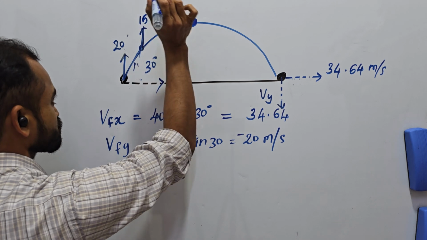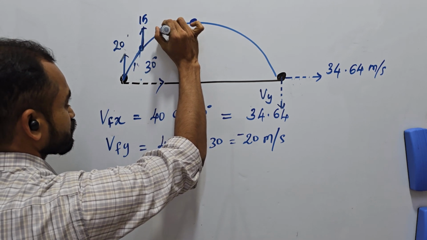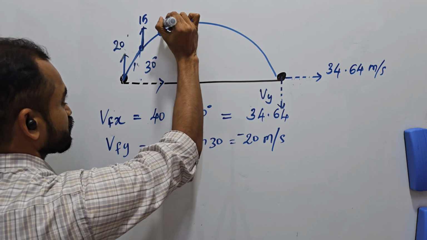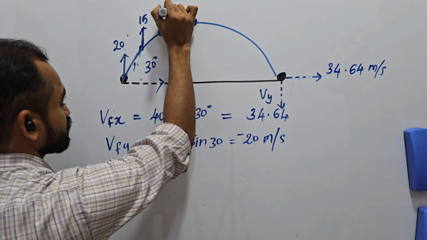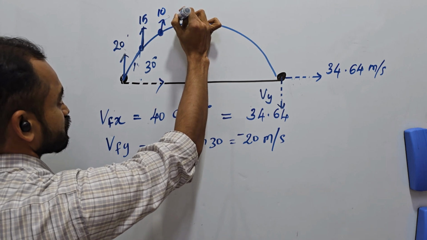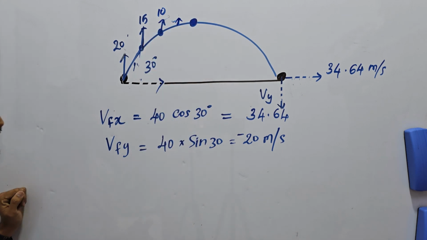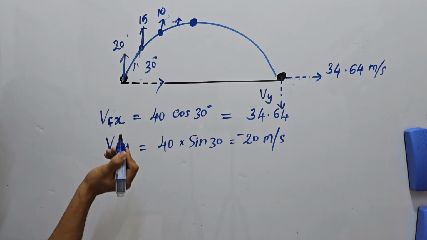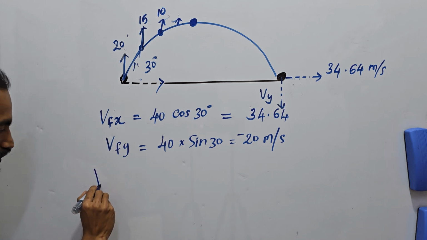So we will write 15. Okay, just examples. Again continuing: less than 20, less than 15, right? I will write 10. So I will write Vy.